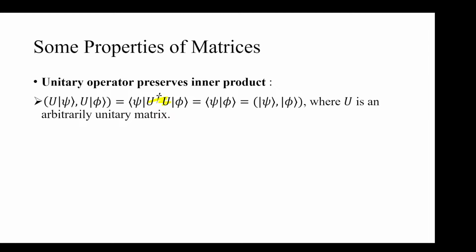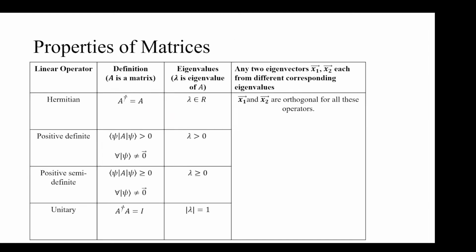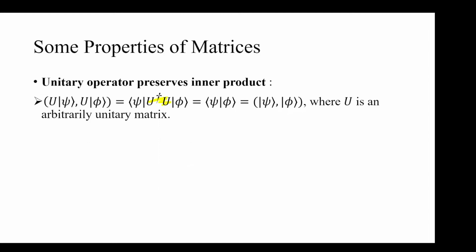This is U dagger U, and we know that U dagger U equals identity, so that's just bra psi times ket phi, which is the definition of the inner product between ket psi and ket phi. Also, a nice property of a unitary matrix is that if U is unitary, then we say U dagger U equals identity, but U U dagger is also equal to identity.